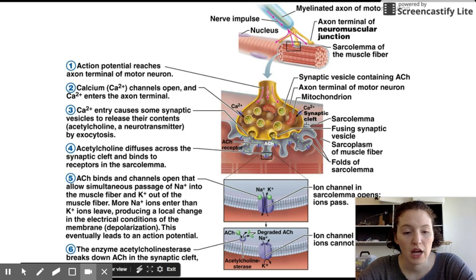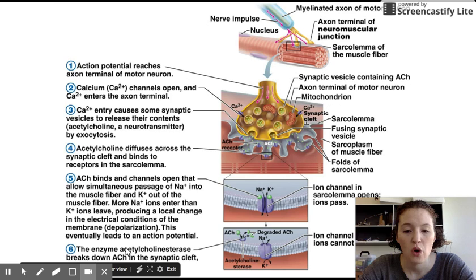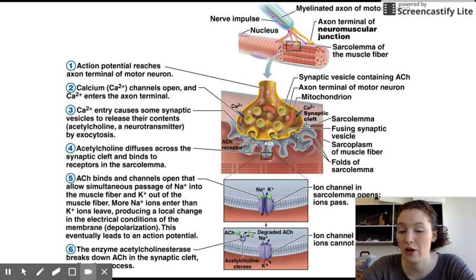While this is occurring, acetylcholine, which originally began the process because it was released from our neurotransmitter, began this process by opening these channels.